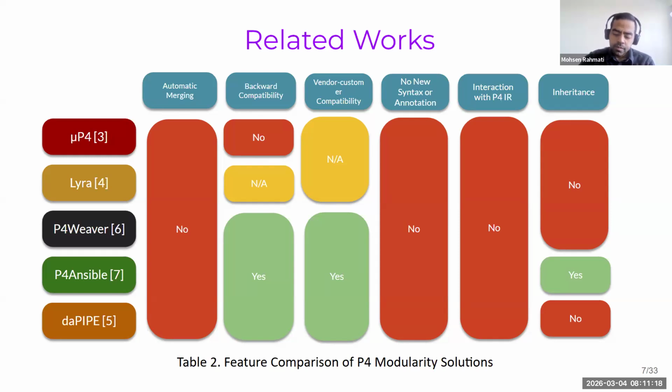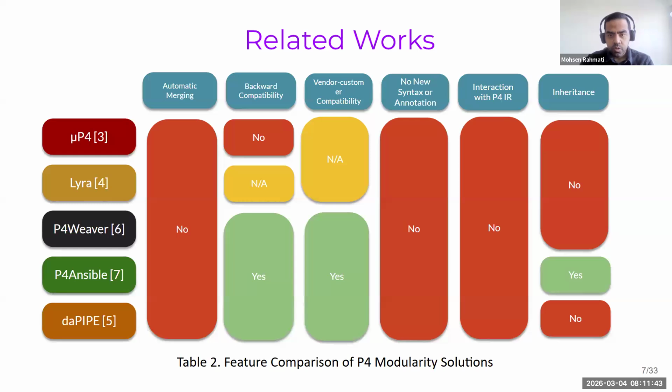It is important for us to understand the lack of the P4 language for bringing modularity. So it is important for us to see this by doing modularity without new syntax or annotation.